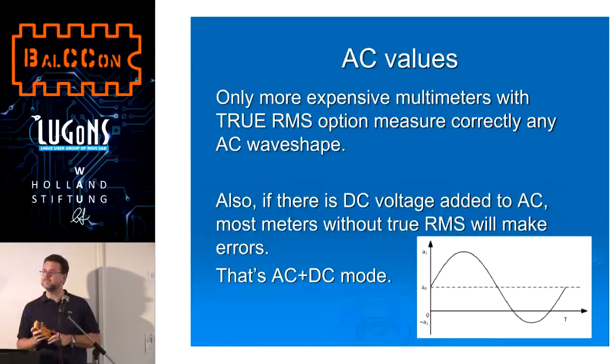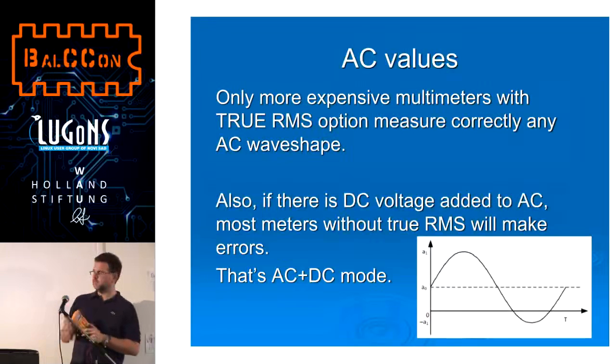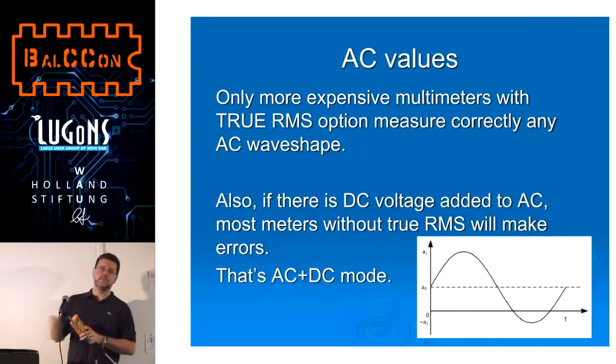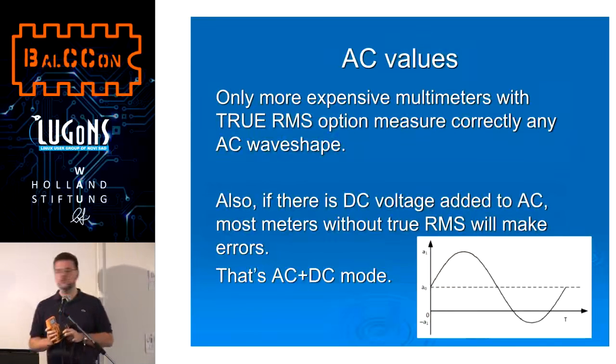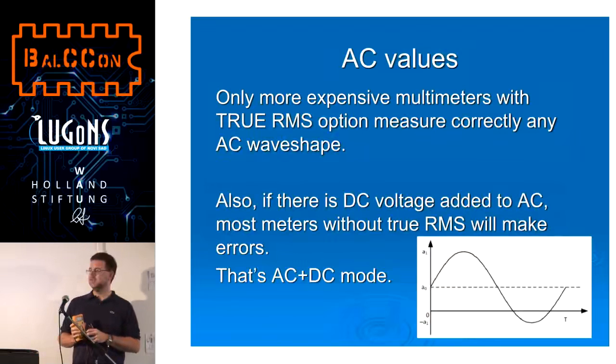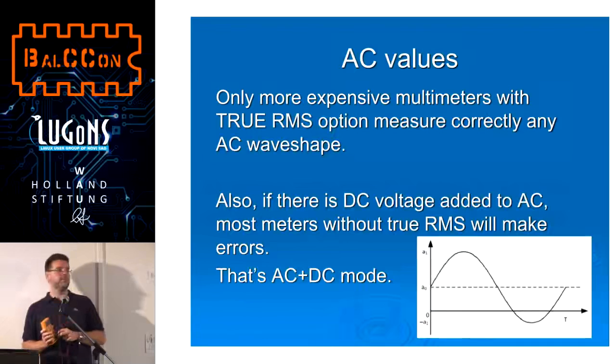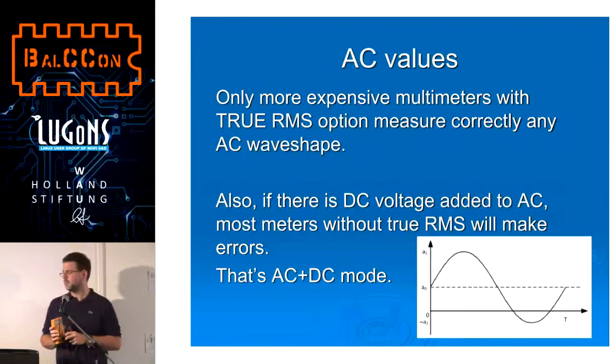This applies only to this category? Yes, and I'm going to answer your question with this next point. True RMS multimeters, and that means more expensive, can measure any type of wave shape correctly.